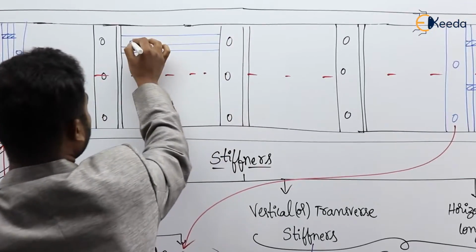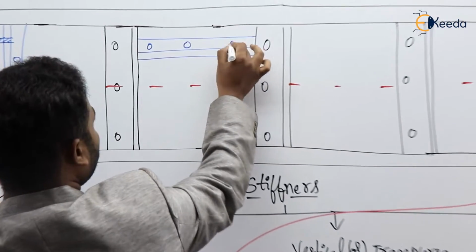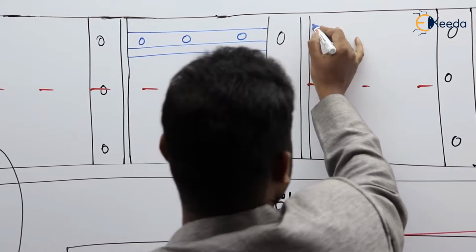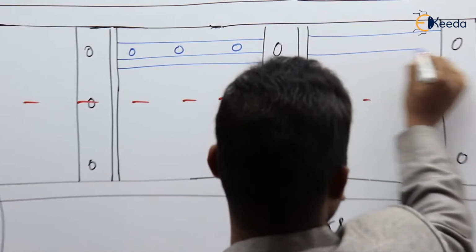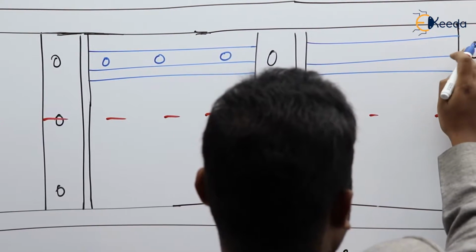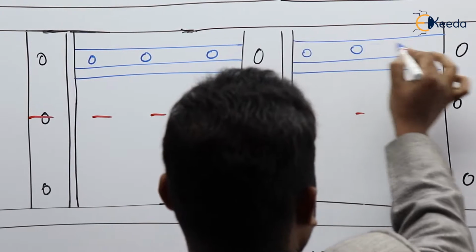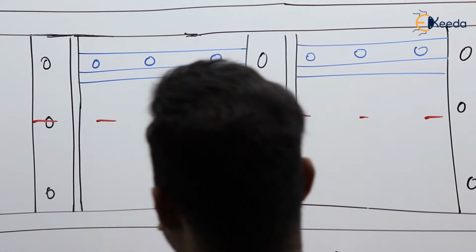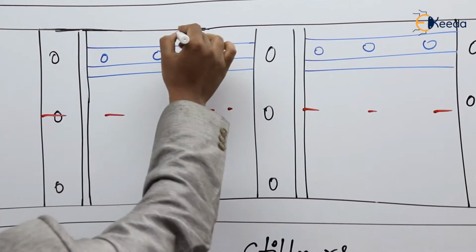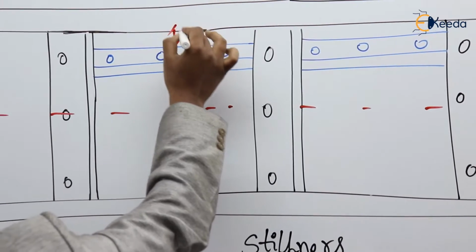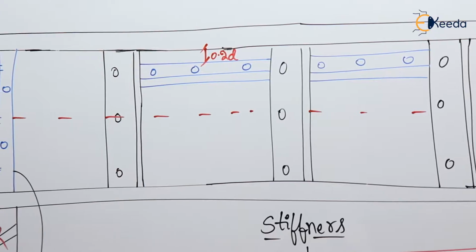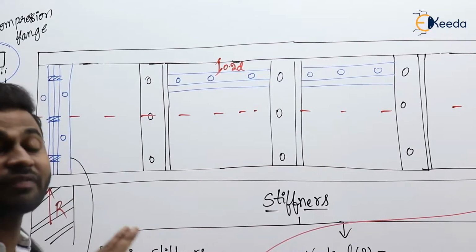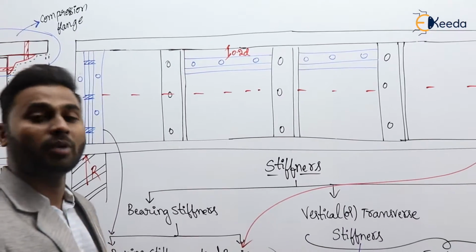So this is the first line of horizontal stiffener, which is provided at a distance of 0.2D from the compression flange. We are going to provide two lines of horizontal or longitudinal stiffeners above the neutral axis.